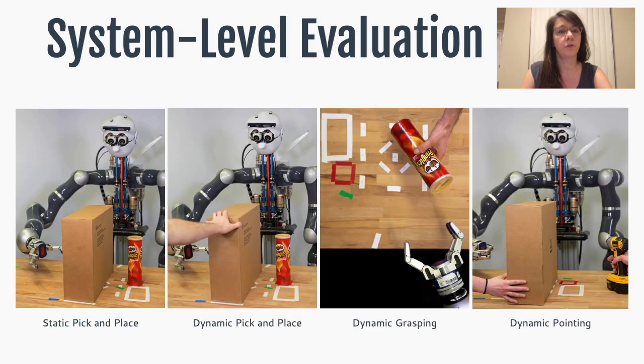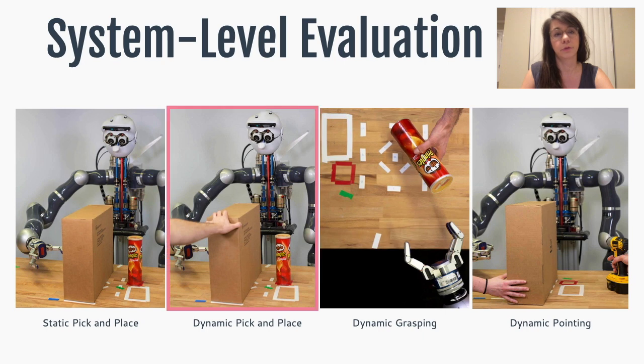In this particular paper, which you can see at the bottom, we wanted to evaluate how important the system architecture really is. We ran many different experiments in 4 different scenarios, and 3 of those scenarios are dynamic.